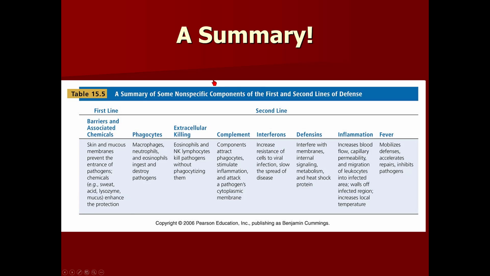So this is an overview of the non-specific components of the immune system, first line and second line defense mechanisms. So again, this is a lot of information, and I really just want you guys to take away from this a general overview of how your non-specific immune system helps keep you safe, right? And how these different things work together within your body.